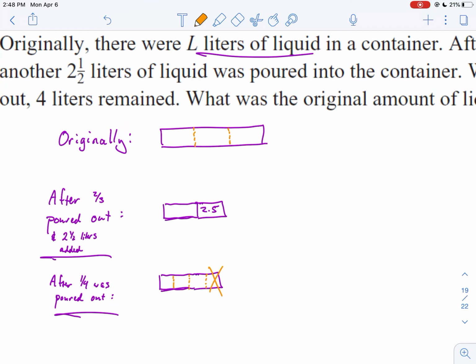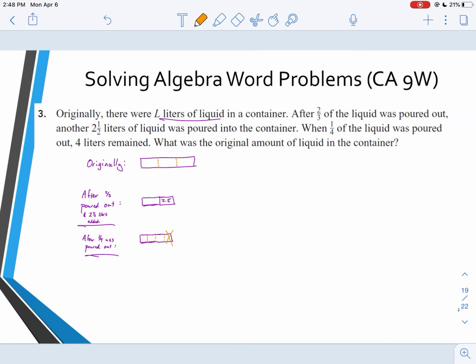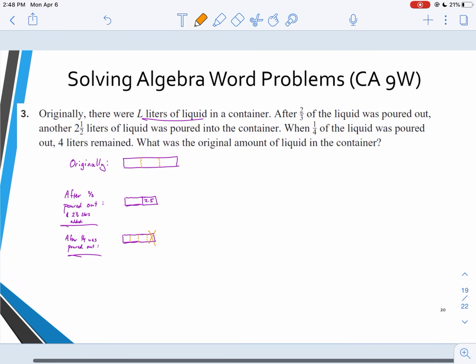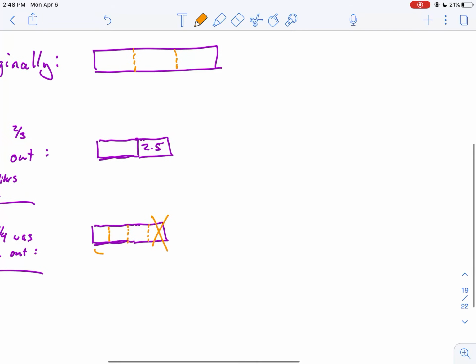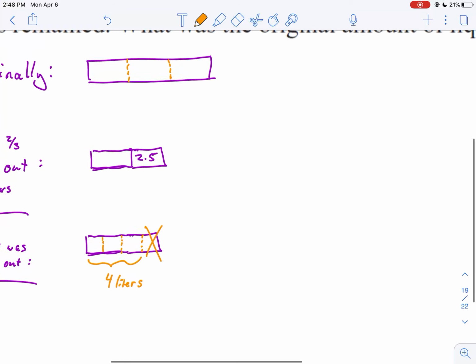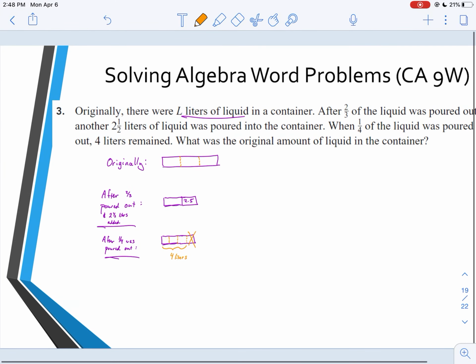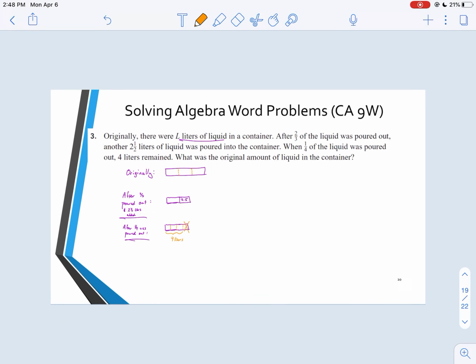Cut it in half again. So 1/4 of that was poured out. 4 liters remained. This is 4 liters. And now it asks what was the original amount. So from here, I think I can just work backwards. I can take the 4 liters.